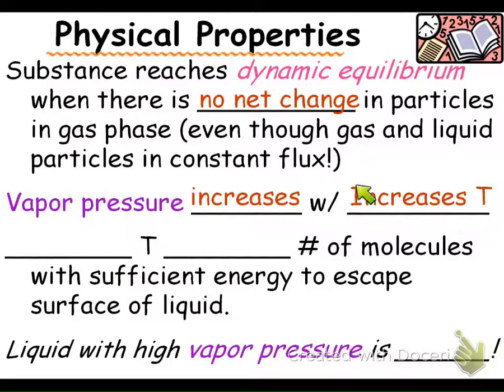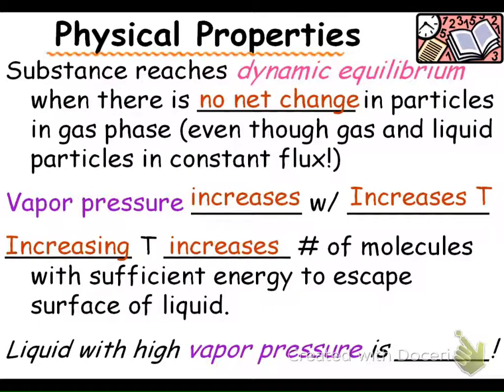So essentially, if I were to boil water, I'm going to increase the number of molecules there because I'm increasing the energy, and I'm increasing the molecule's ability to escape the intermolecular forces and actually reach the gas phase. And so if I increase the temperature, I'm going to increase the vapor pressure.